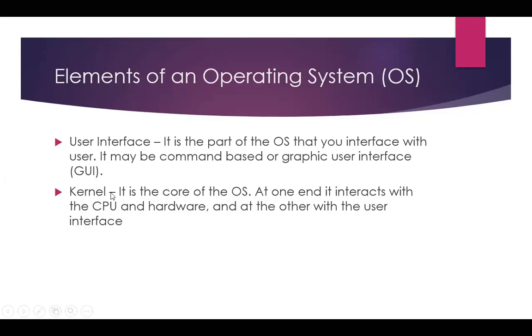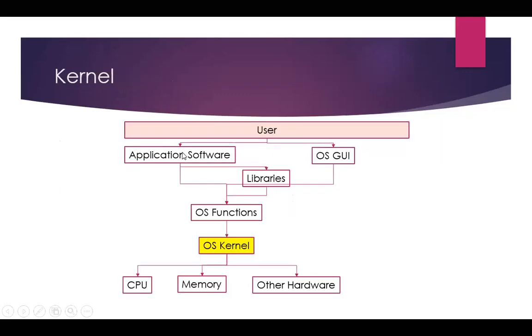Then there is a core of operating system which is known as kernel. It interacts with the computer processor and all other hardware. So what is the core of the operating system? This is the core. That is the kernel of the operating system. We users are interacting with the application software.